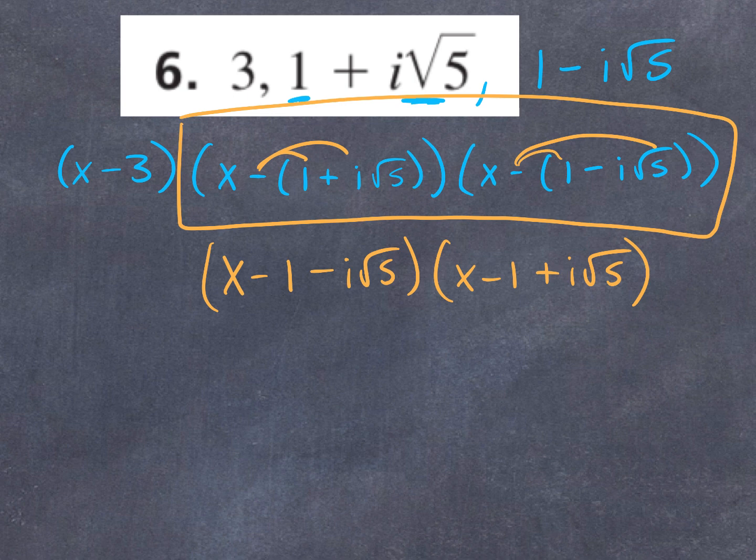Now these are conjugates here, so I can do my shortcut. What is the first term? x minus 1 squared, perfect. We always square the first term. Minus, perfect, i square root 5 squared.